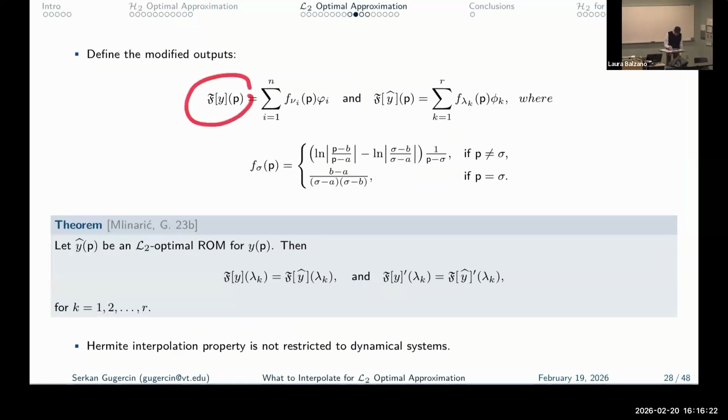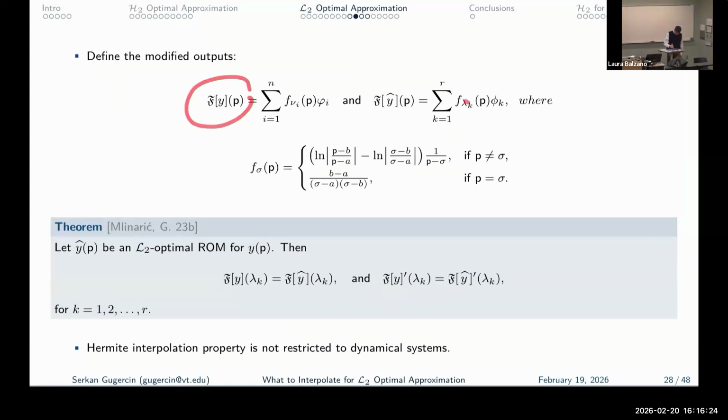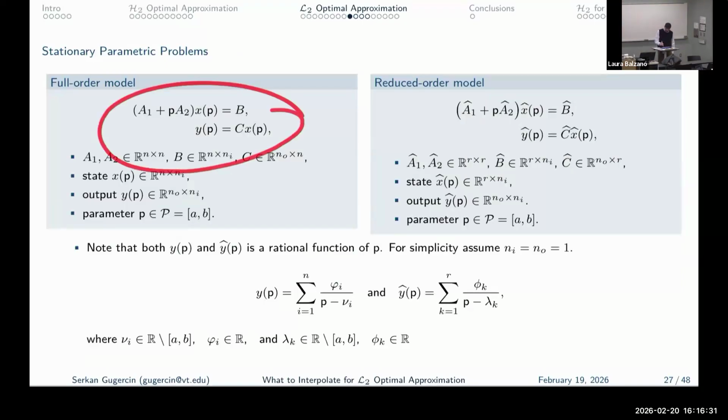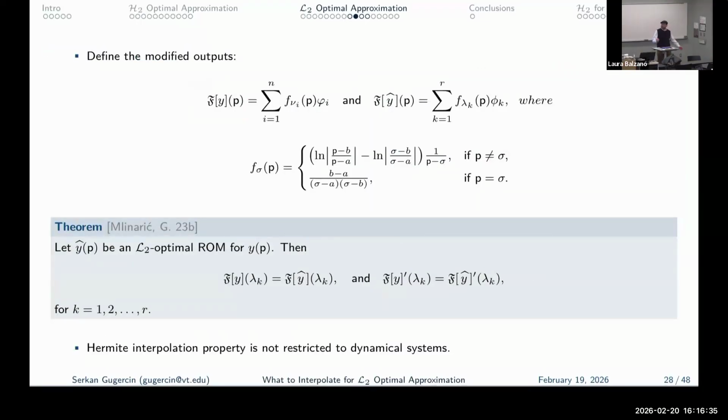Then this is even uglier than before. You define these modified functions, the modified outputs. So assume that you approximate this stationary PDE with this one. For this to be optimal, you're going to do Hermite interpolation. Again, Hermite interpolation becomes a necessary condition for optimality, even in the stationary case. This is not the mirror image. Very good. So why isn't this the mirror image?